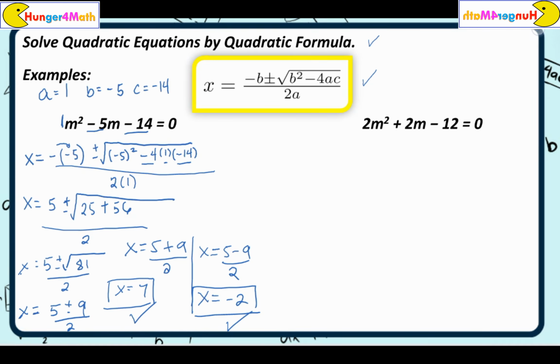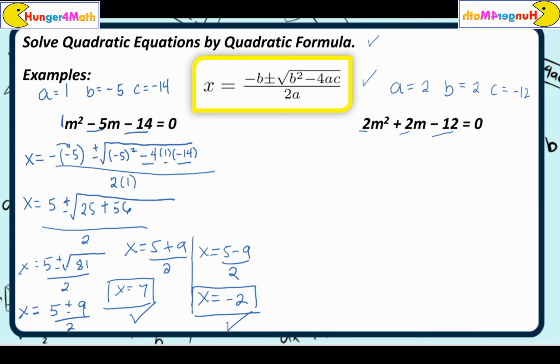For the second example, you can pause it so you could try it, and then we'll work it out. So here, the value of a is 2. Letter b is positive 2. And c is negative 12. Then let's substitute.